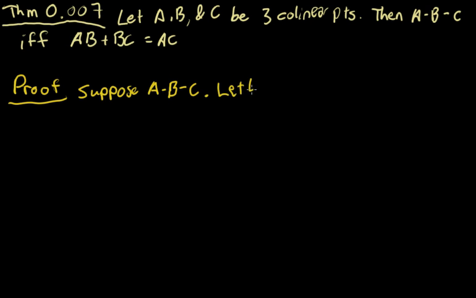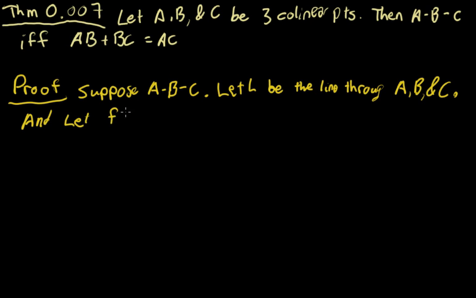And we'll say let L be the line through A, B, and C. We could have just picked 2 of those points for L to be the line through, but we'll just say all of them. Either one would have worked just fine. We'll also let f from L to the real numbers, so this is our ruler function, be a ruler for L.